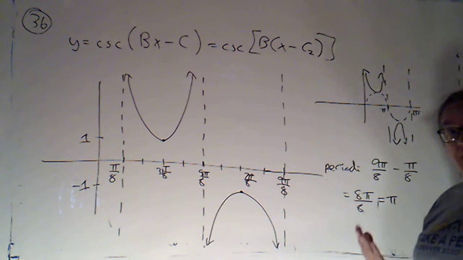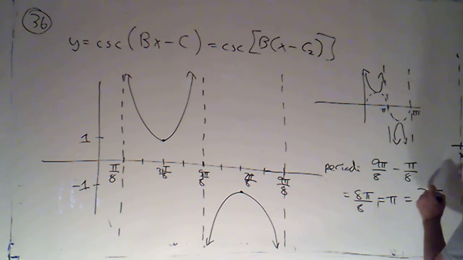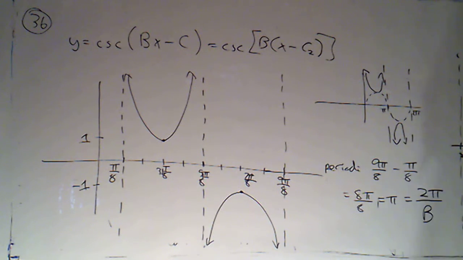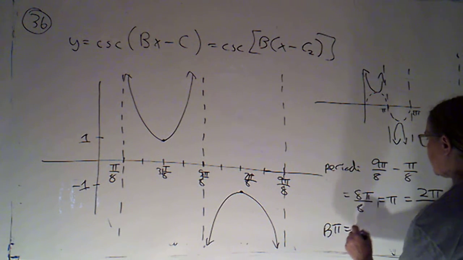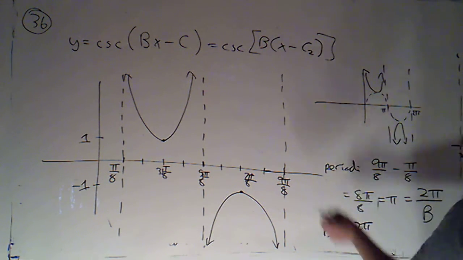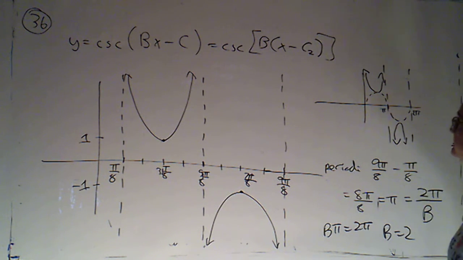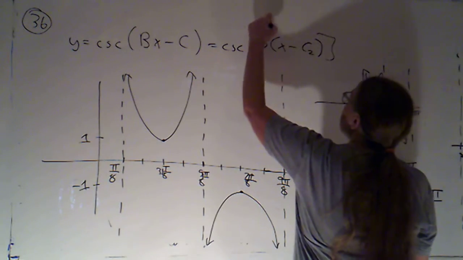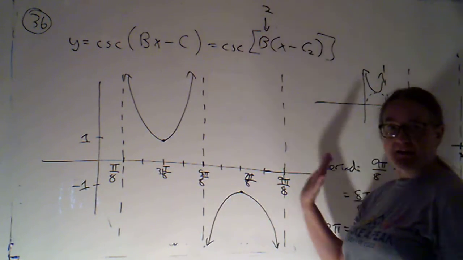So the period is pi, but I know that I can get that by taking the original period of 2 pi and dividing that by b. So if I solve b times pi equals 2 times pi, divide out that pi, and b is going to be 2. Okay, fabulous. So I know that b is 2, and now I want to see how far I've shifted things.